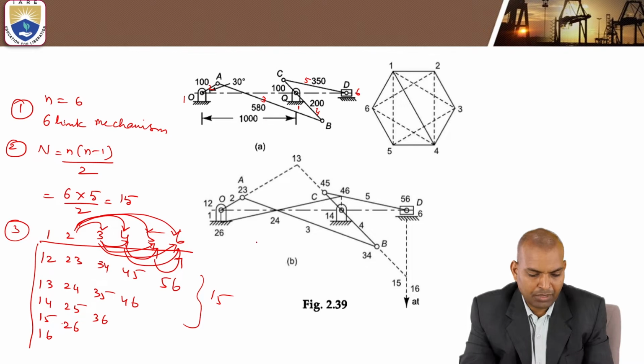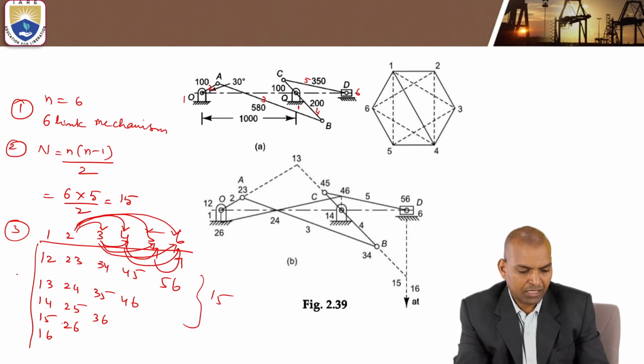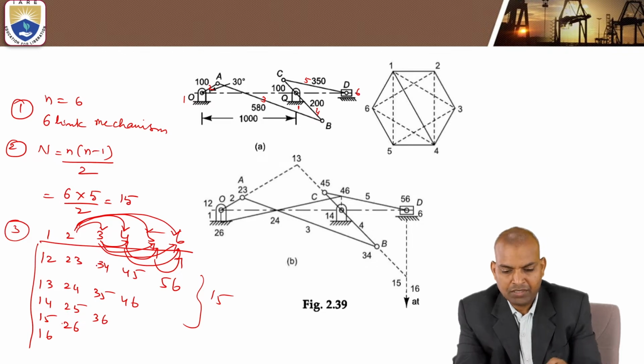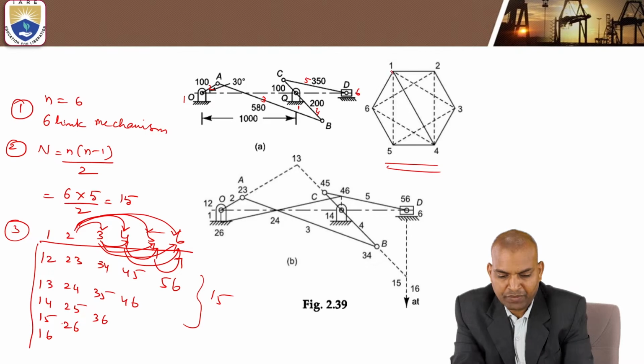Some of the I centers, like I12, can be marked directly by visual inspection of the mechanism. Of the total 15 I centers, we locate the rest with the help of a hexagonal figure. The links are numbered in a clockwise direction.